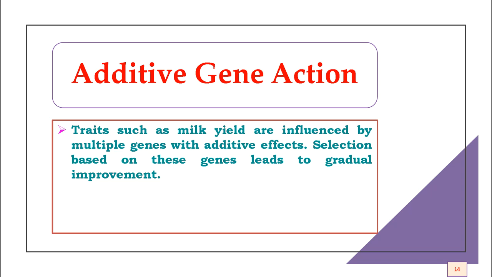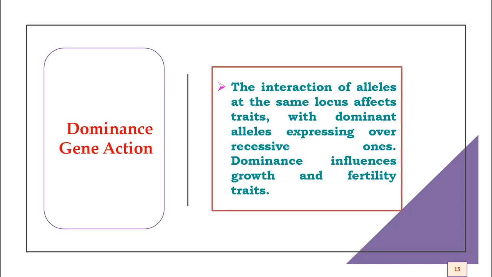With additive gene action, traits like milk yield are influenced by several genes with additive effects, so selection based on these genes leads to gradual improvement. In dominance action, one of the gene alleles is dominant and only it expresses, suppressing the other.